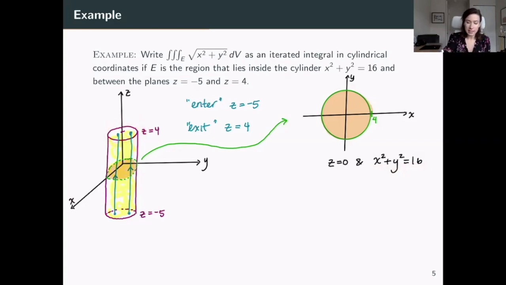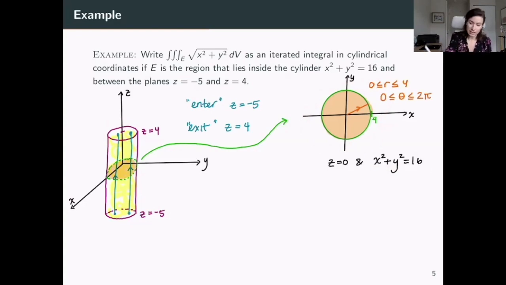So in this image, again, projecting it downward, we want to figure out how our theta is ranging and how our r is ranging. And in this instance, what we end up with is that our r values are going to be between 0 and 4, and our thetas are going to be between 0 and 2 pi.